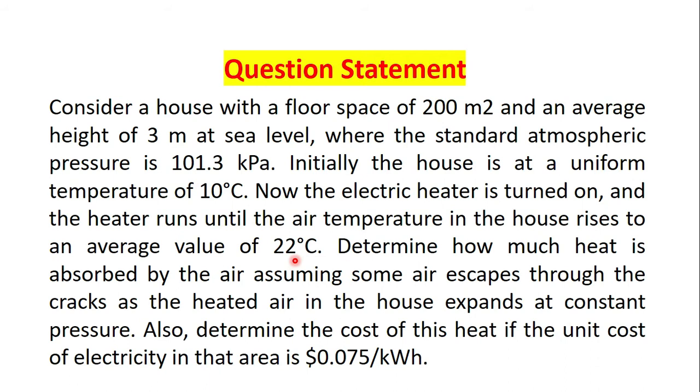So the second thing is, determine the cost of the heat if the unit cost of the electricity in that particular area is $0.075 per kilowatt hour. Let us just try to understand this question statement with the help of the diagram, and then we will try to solve this problem.